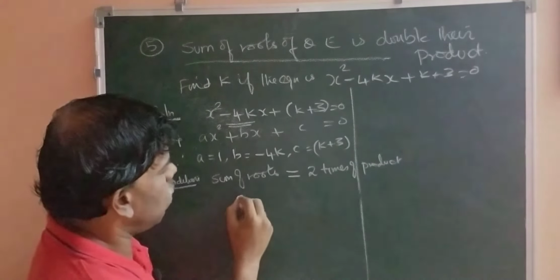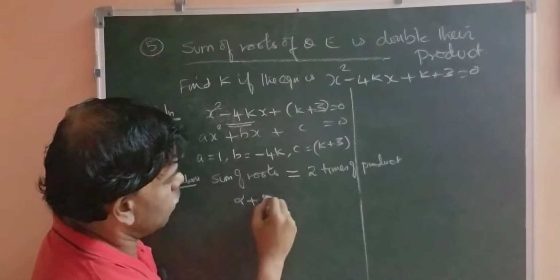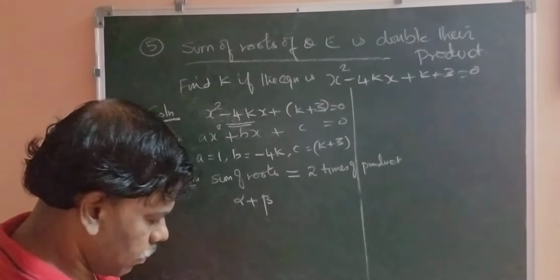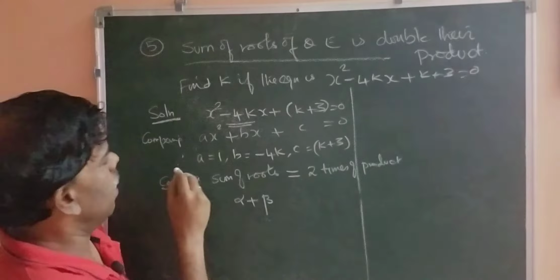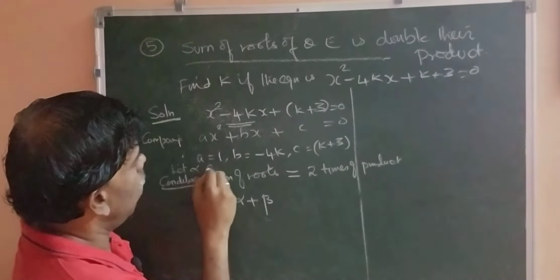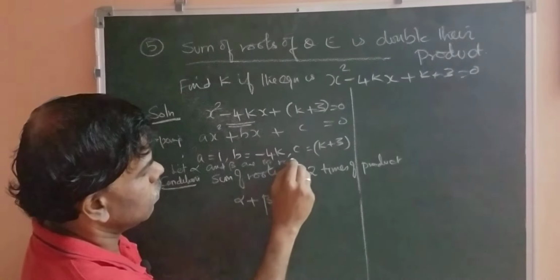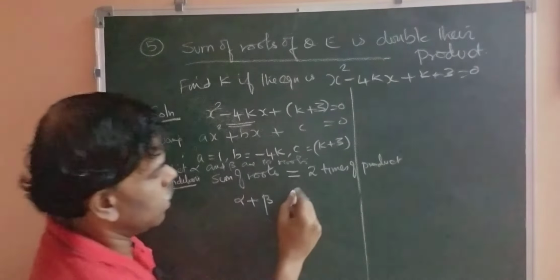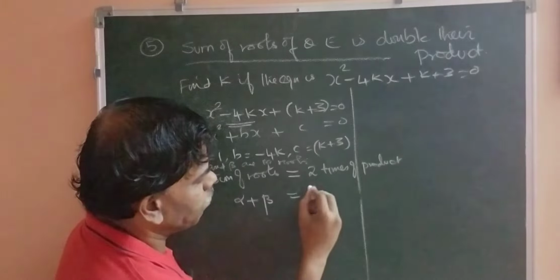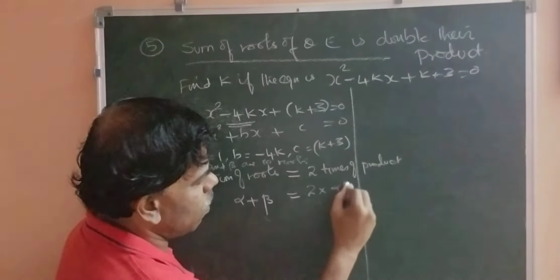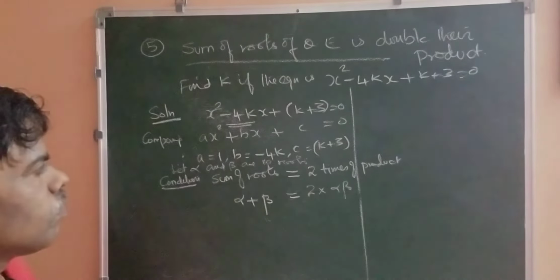Sum of the roots means alpha plus beta. Here we have to write, let alpha and beta be the roots. So the sum of the roots equals 2 times or double, 2 into alpha beta.